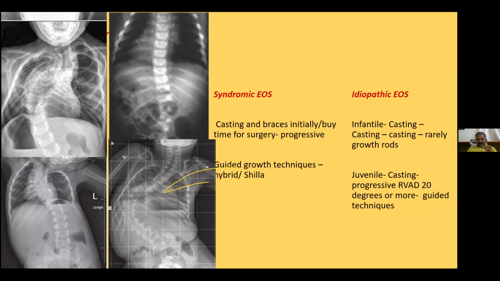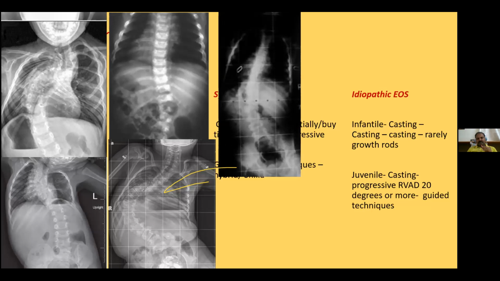Syndromic varieties, again, bracing initially to buy time. If you find it is progressive, then we have to use other techniques. Supposing a curve like this, it can be braced and we can wait until you know that the progression is happening.